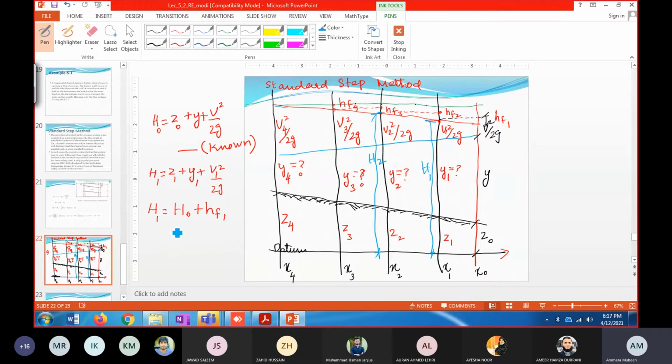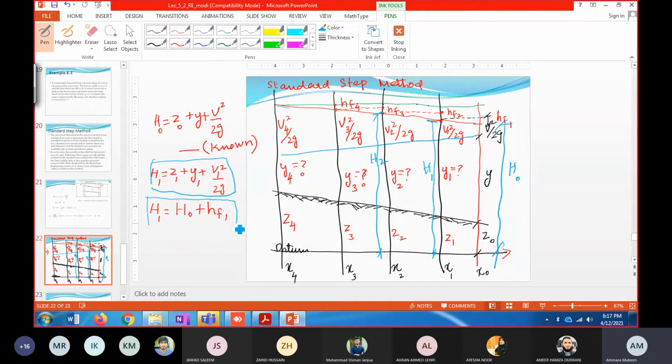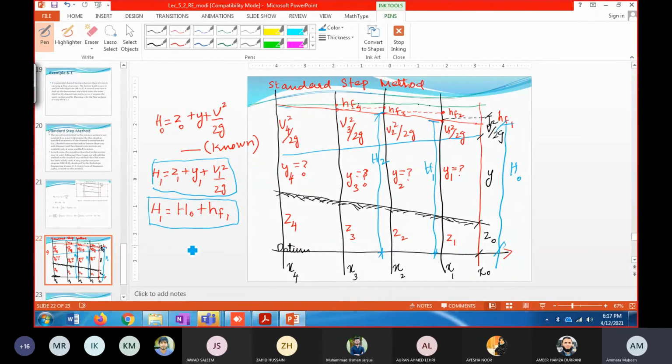Okay, so this H1 can be determined using this equation, like Z1 plus Y1 plus V1 square over 2G, and the same H1 can be determined using the known value of H naught, which is from here to the bottom. This is H naught. Okay, so H naught plus HF1 would give you H1. So there would be two equations which you can use to find out H1. Oh, sorry, Y1. First H1 and then Y1.